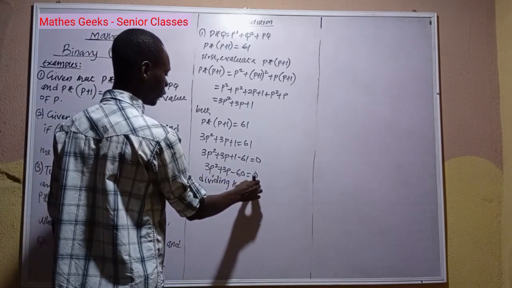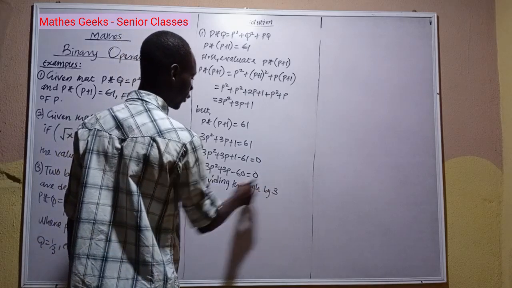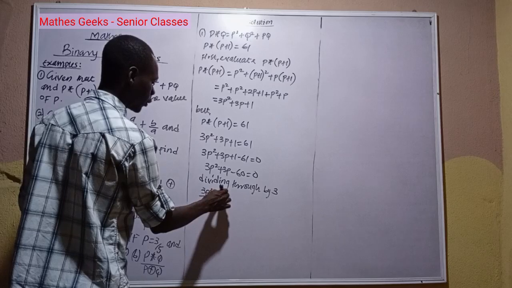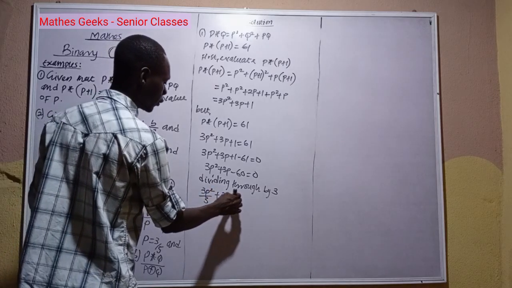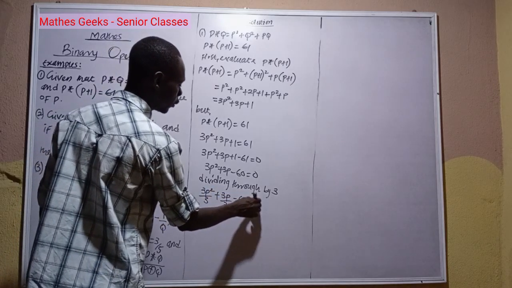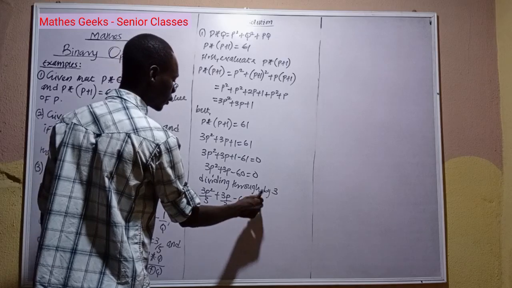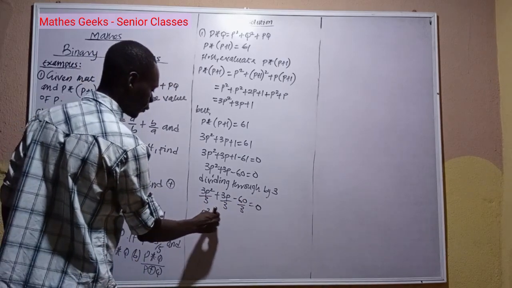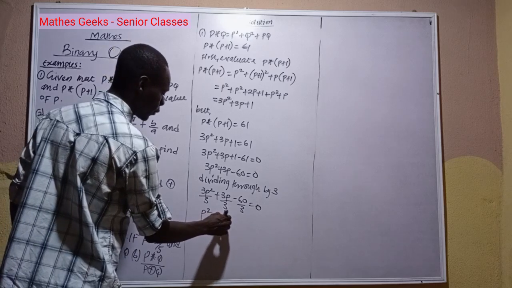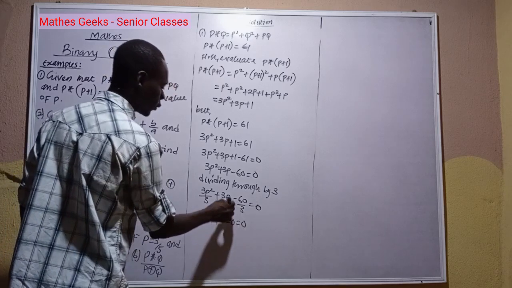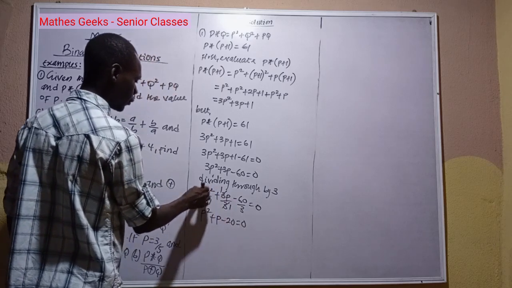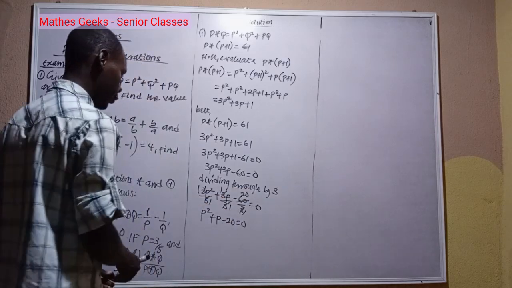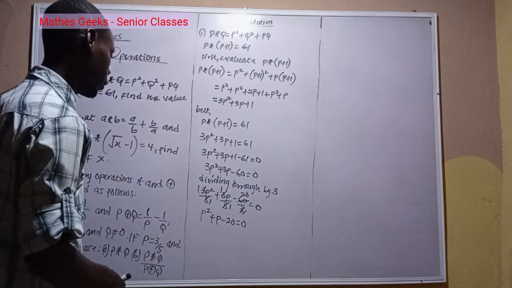Dividing through by 3: 3p squared over 3 plus 3p over 3 minus 60 over 3, and 0 divided by 3 is still 0. So p squared plus p minus 20 equals 0. So now we have a quadratic equation.